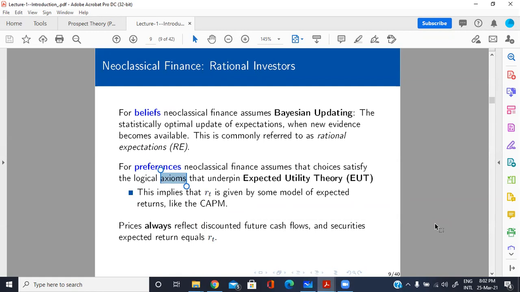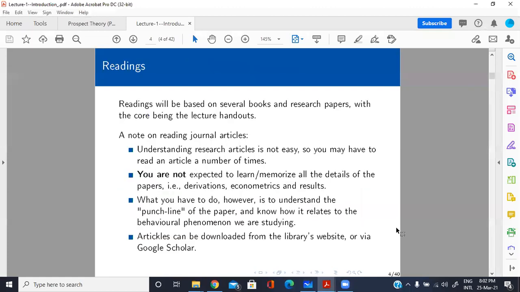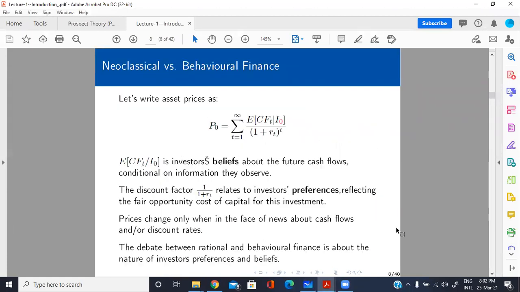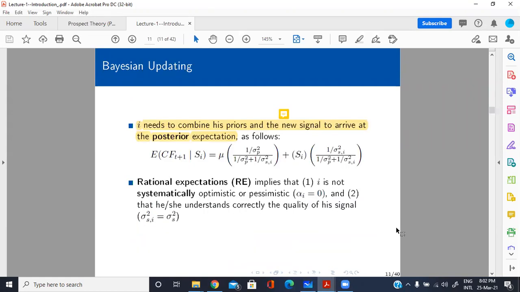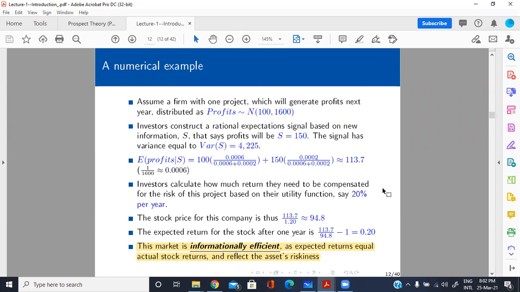So it is easier to think of Bayesian updating, but it may not be very convenient to use Bayesian probabilities in reality. So this is the way Bayesian updating is also used for estimating posterior expectation.